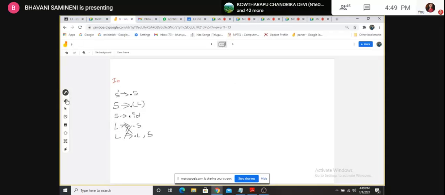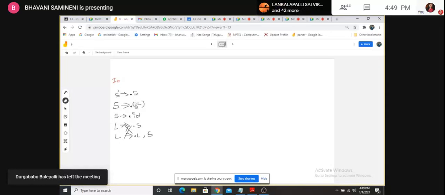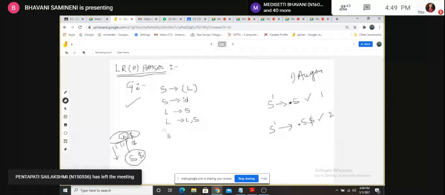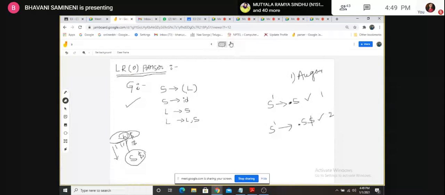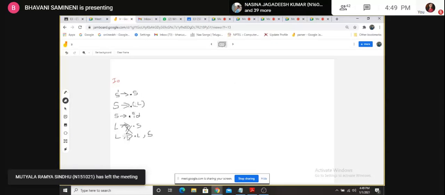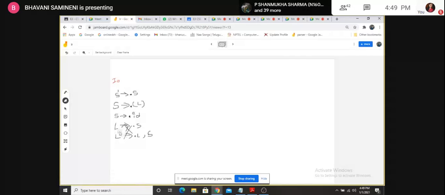Please remember this point: while defining the closure, we include only the productions for the symbol which appears next to the dot operator. Even though these L productions are defined in the grammar G, we are not including them in I0, because we don't have a provision to add these L productions in I0 itself.